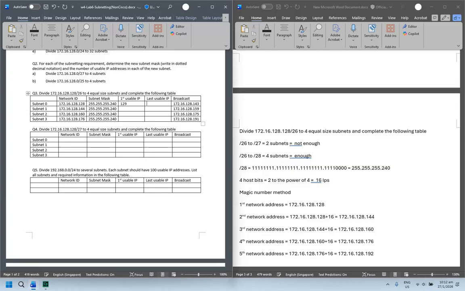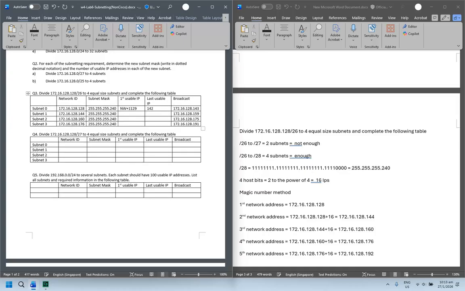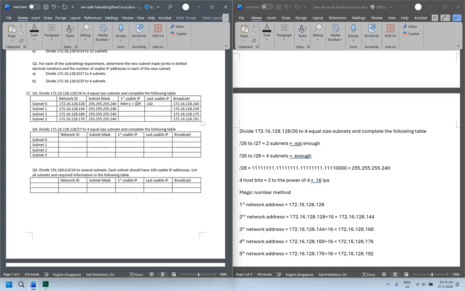Okay, we will be able to calculate our first usable, because the first usable will be network plus 1, the last usable will be broadcast plus 1 minus 1. So basically you'll be able to actually calculate all the first usable and the last usable.